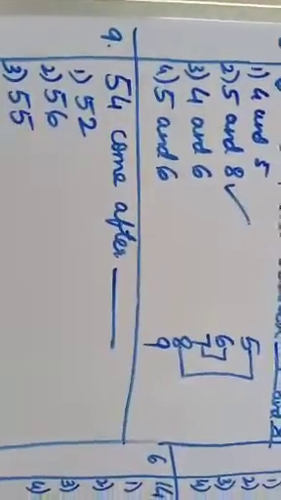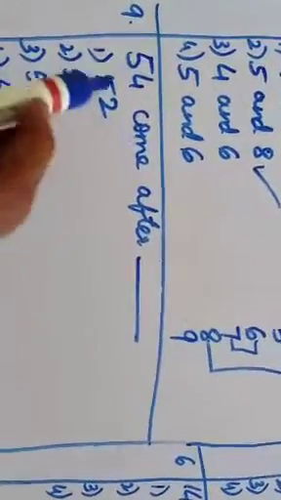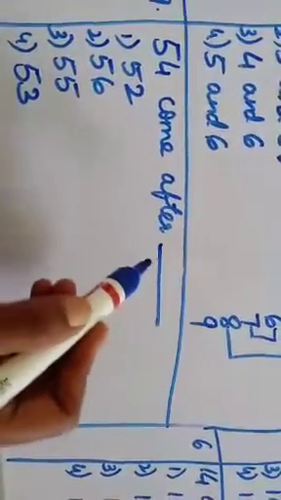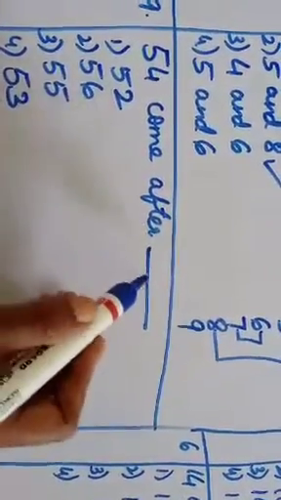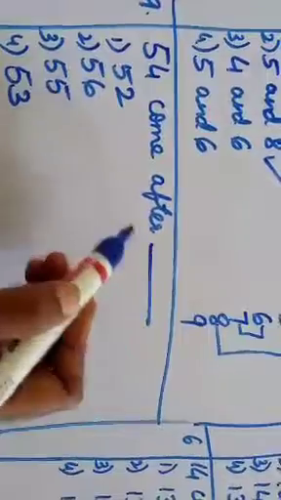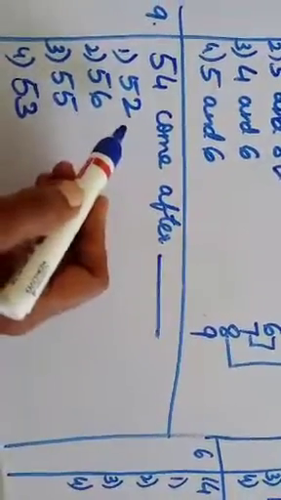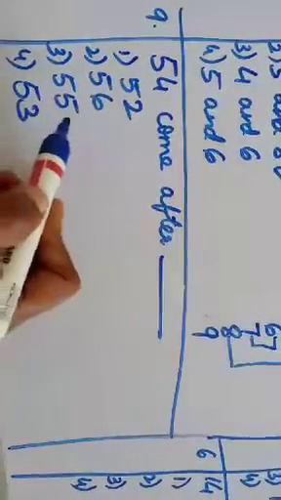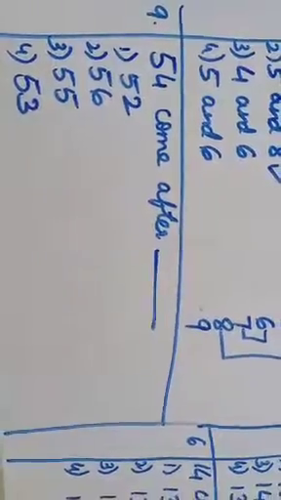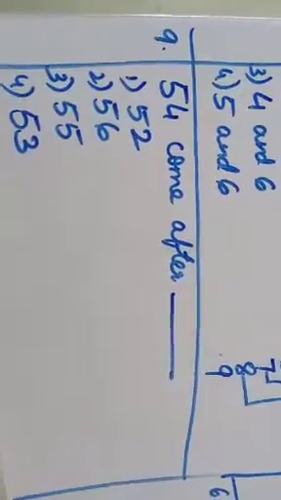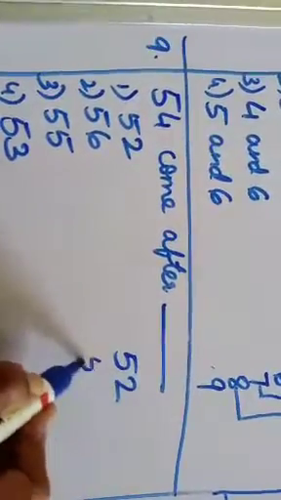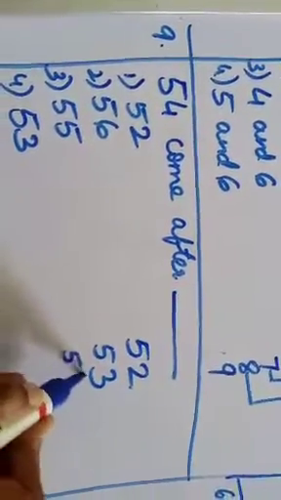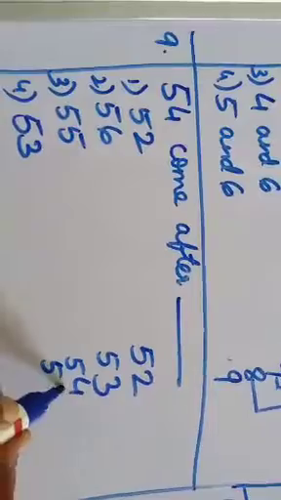The next one, number 9, 54 comes after dash. Options are 52, 56, 55, 53. Let's write the numbers here. 52, 53, 54, 55.